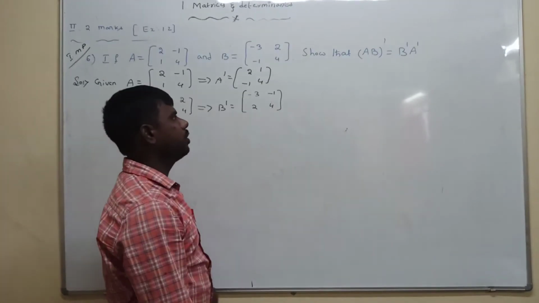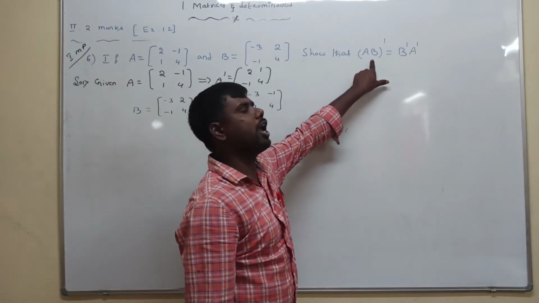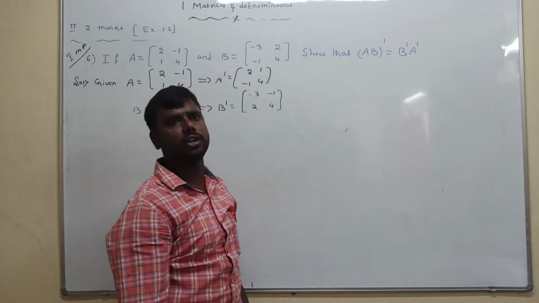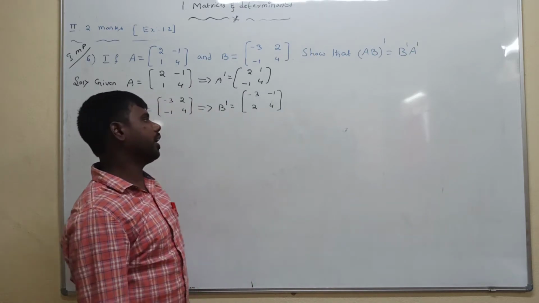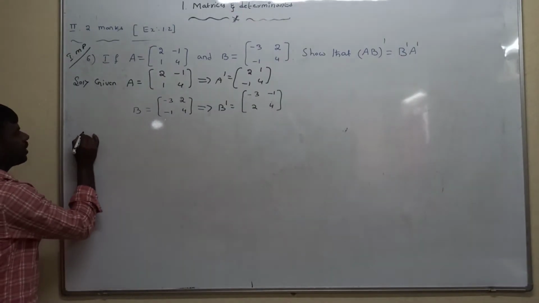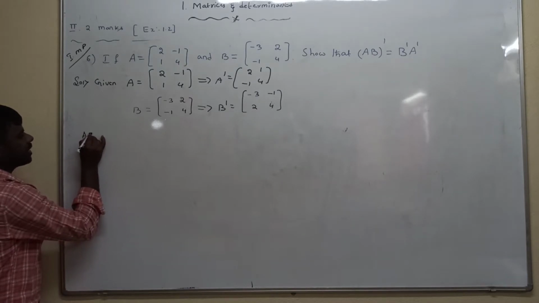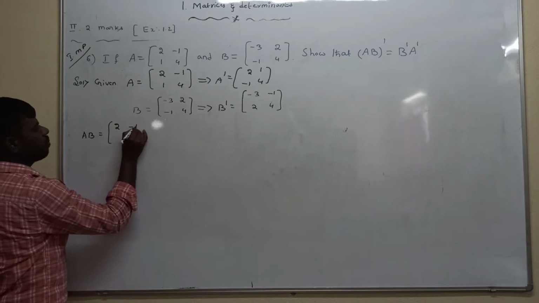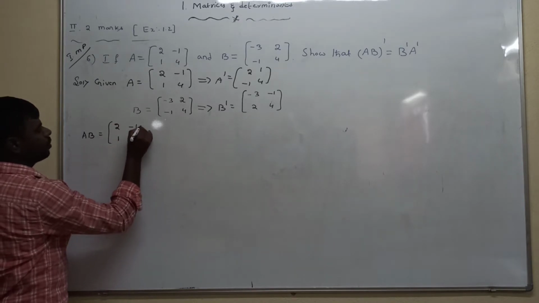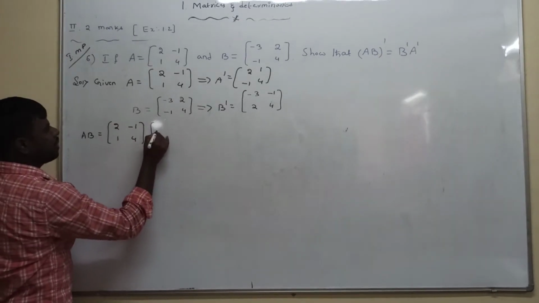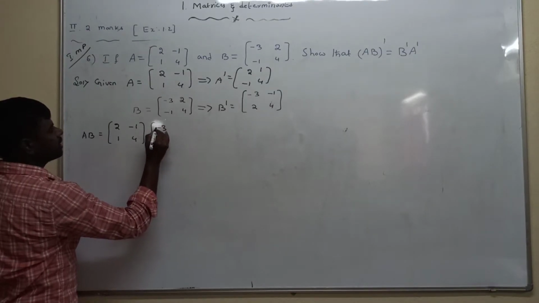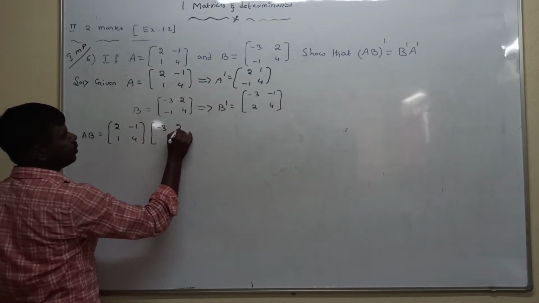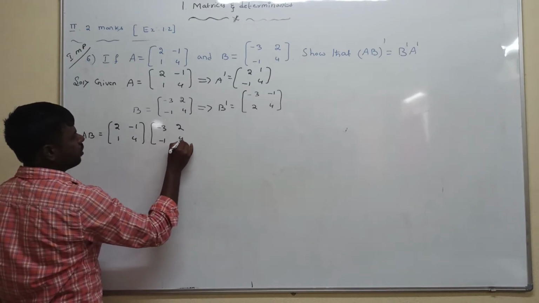According to the question, first we need to calculate the AB matrix. After that we need to calculate the transpose of AB. That's why first we need to calculate the AB matrix. Substitute the A matrix, [[2, -1],[1, 4]]. Next substitute the B matrix, [[-3, 2],[-1, 4]].